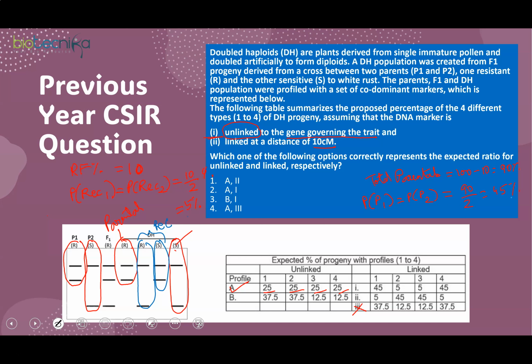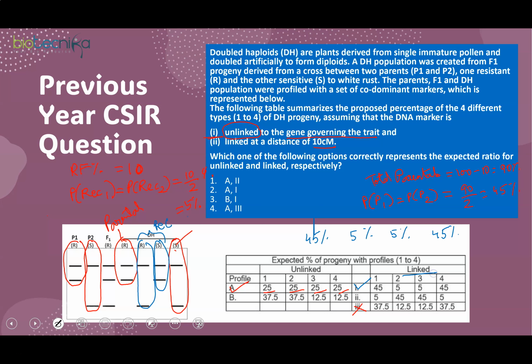So what will be the profile that we'll see here? It will be the first parental, 45%, then two recombinants, 5% and 5%, and the fourth group will be 45%. So the answer will be option 1, not option 1, but from the table.